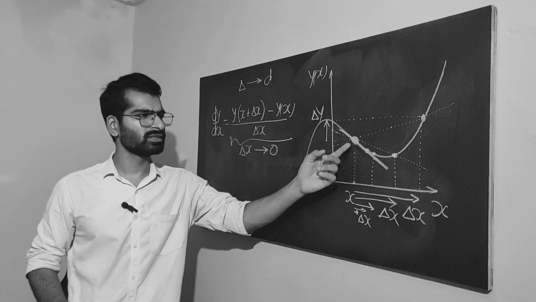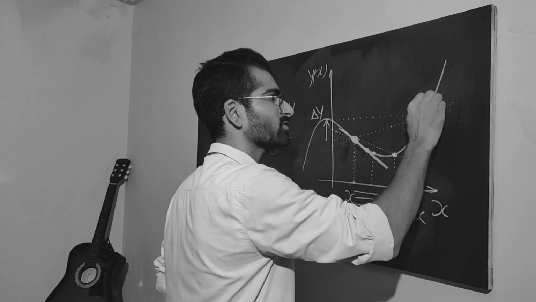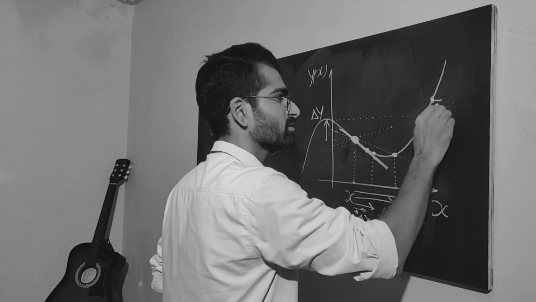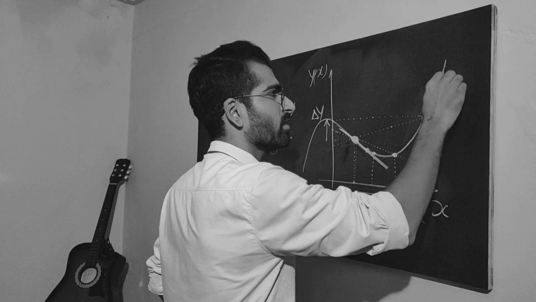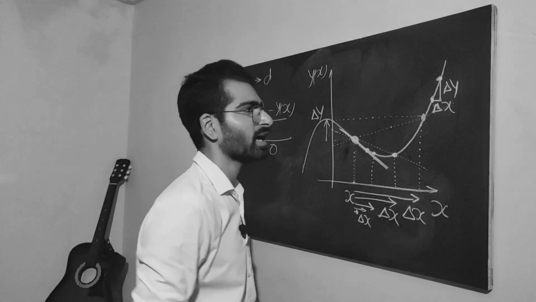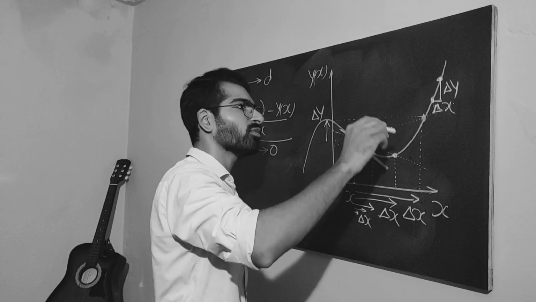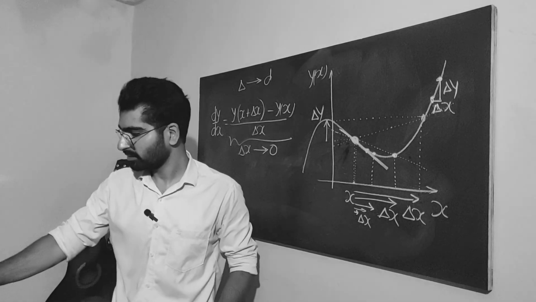And nothing is so special about this point. You could have done it here, that's your starting point. You make a side step, delta x. Then you will climb up by a height of delta y, so you are here. And now you are going to make this delta x shorter and shorter, then this point will come almost on top of that one. And so you are right here.